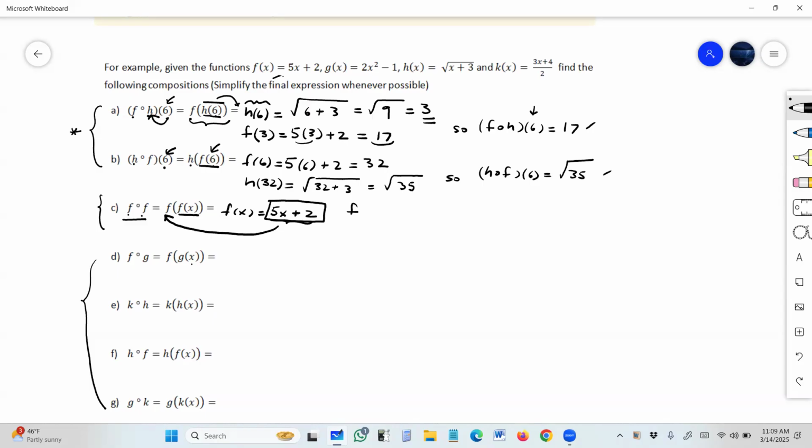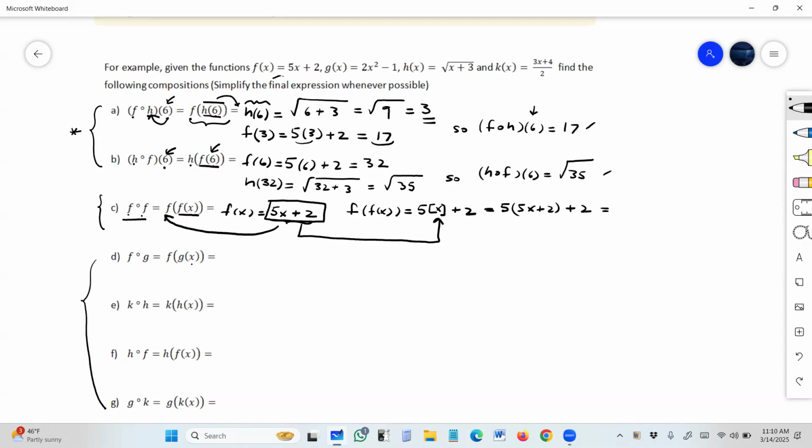So now f compose f of x would be, right? So here is your f function. And this whole function is going to replace the x value. So this is going to be 5 parentheses, 5x plus 2, plus 2. And now I just have to simplify this.